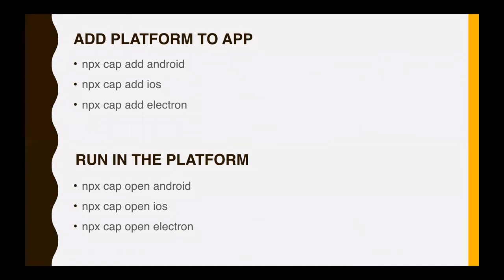Not in all cases do we need all the platforms, but in some cases we initially need the Android platform, then we need the iOS platform, then we need desktop, or finally we need browser. So the platform we need, we add to our project. Suppose initially we need the Android platform. So this is the command: npx cap add android. This is the command by which we add the Android platform to our project.